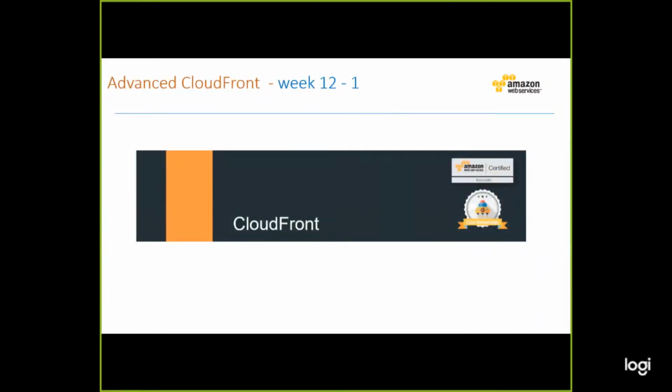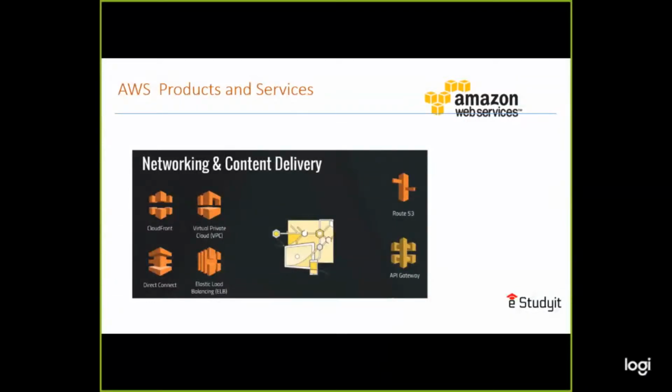Now, if we recall, what is CloudFront and which category does it belong to? It belongs to content delivery, which is cloud computing in general, but what exactly is CloudFront? I keep repeating, CloudFront is a global distribution. How?